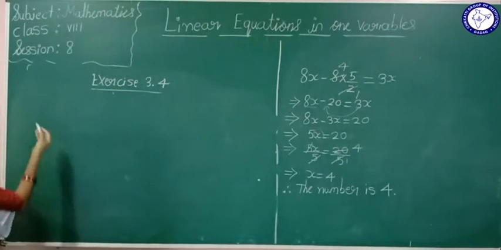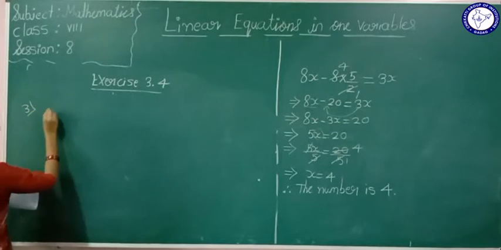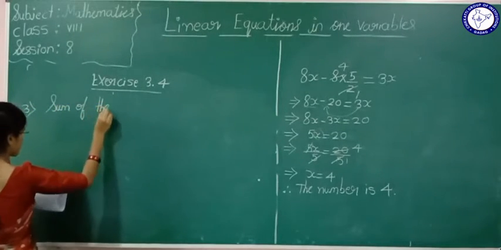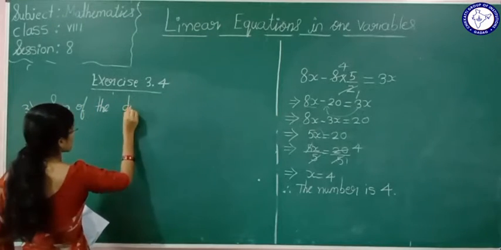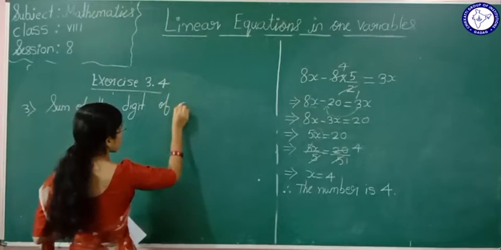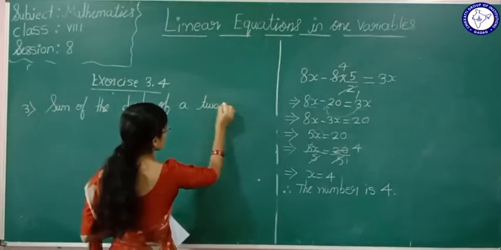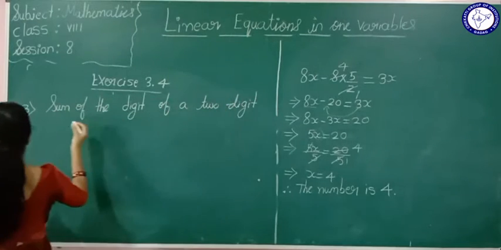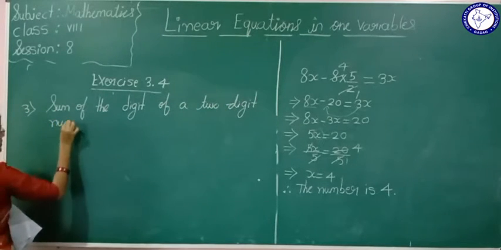Third one here: sum of the digits of a two-digit number is 9.